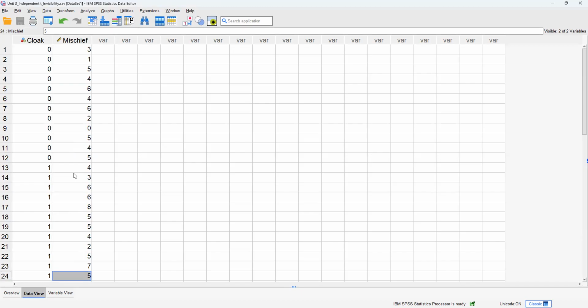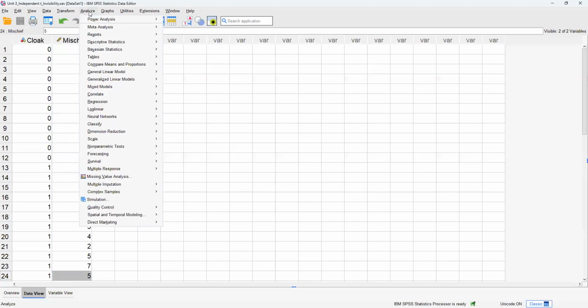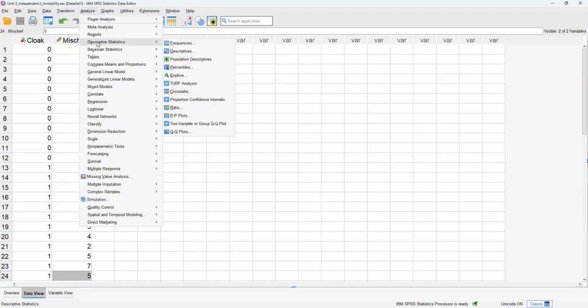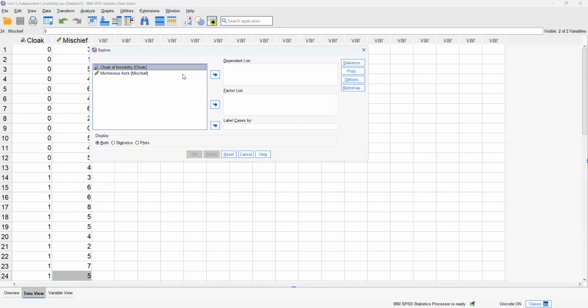So we're going to run the Explore analysis again. We go to Analyze, Descriptive Statistics, and Explore. Last time we just had one variable, so we put that in the dependent variable box.